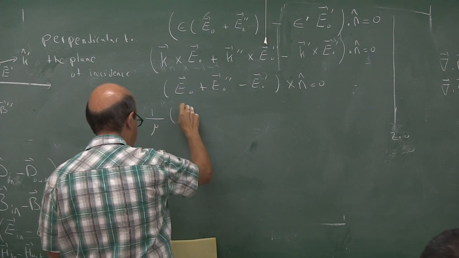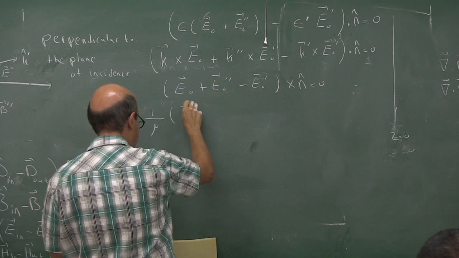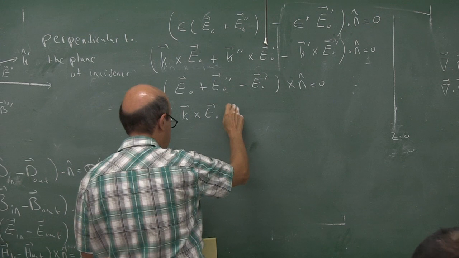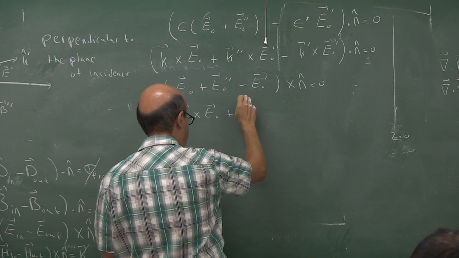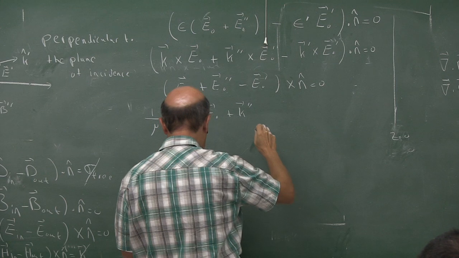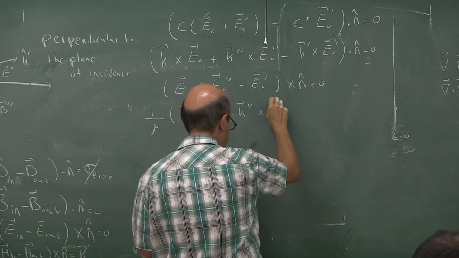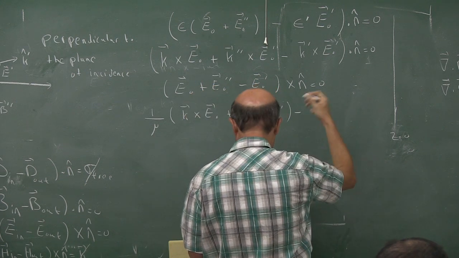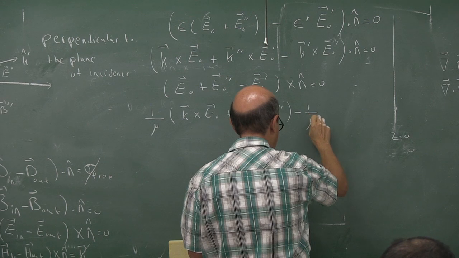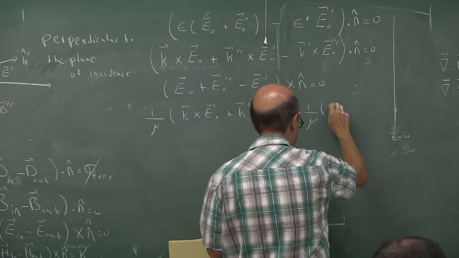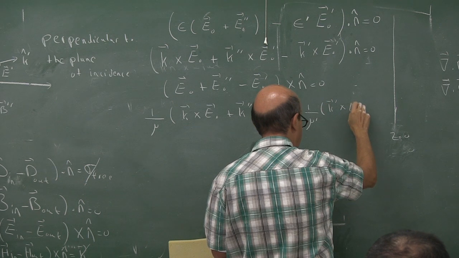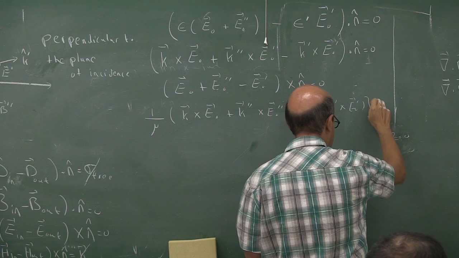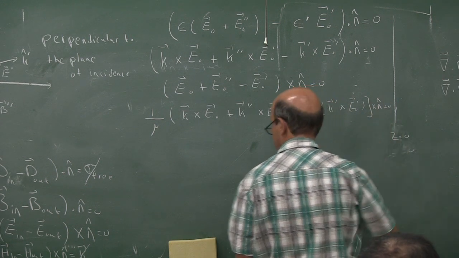Make the magnetic field as an H: K double prime cross E0 double prime, and for the refracted, 1 over mu prime K prime cross E0 prime, cross n, and it has to be 0.